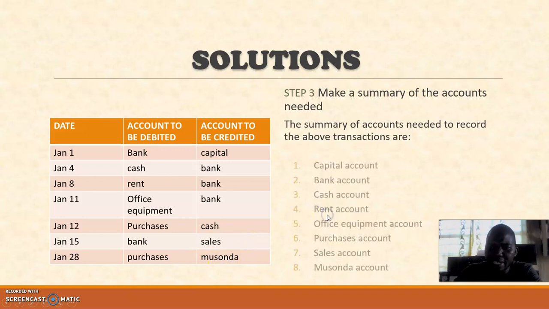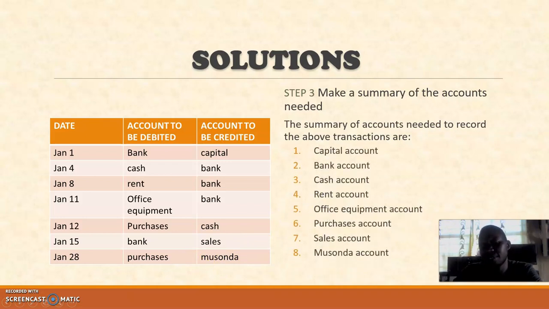So a summary will be like that. We are going to have capital account, bank account, cash account, rent account, office equipment, purchases account, and sales account, as well as Musonda's account. These are individual accounts that we are going to open, and these will be grouped in various ledger accounts.